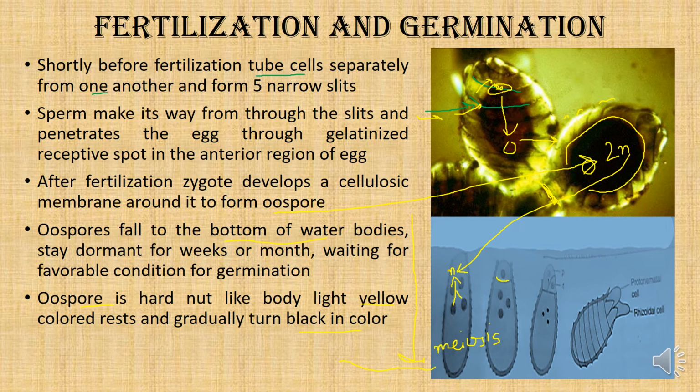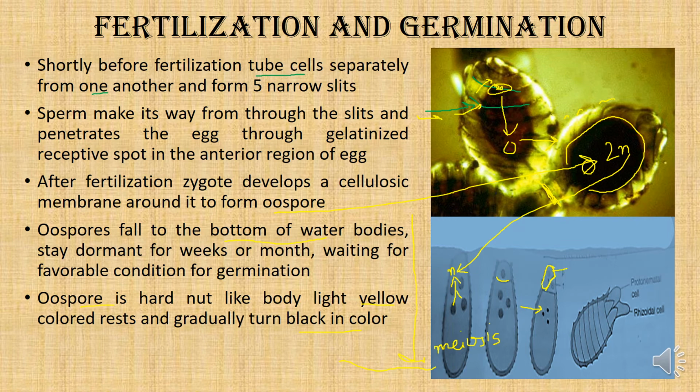And of these 4 nuclei, again there is a division. The upper cell gives rise to the protonema, and the lower cell contains these 3 nuclei. The nuclei later degenerate. These are the degenerating nuclei, and the upper cell containing a single nucleus undergoes an oblique septation.